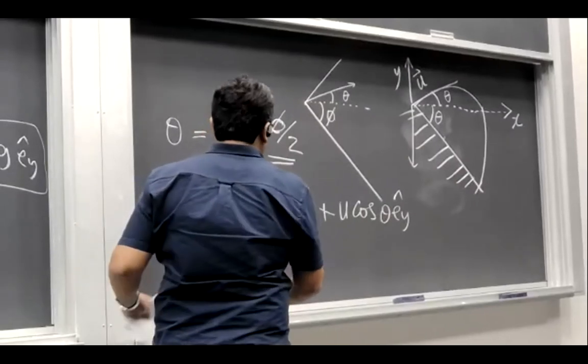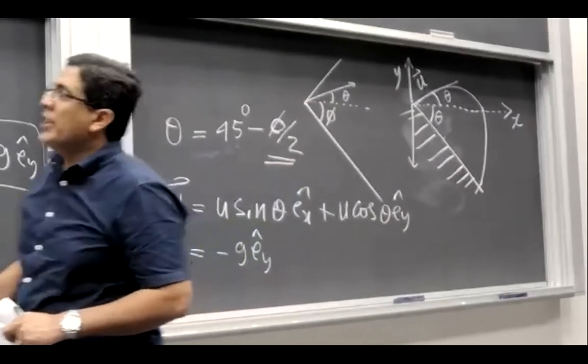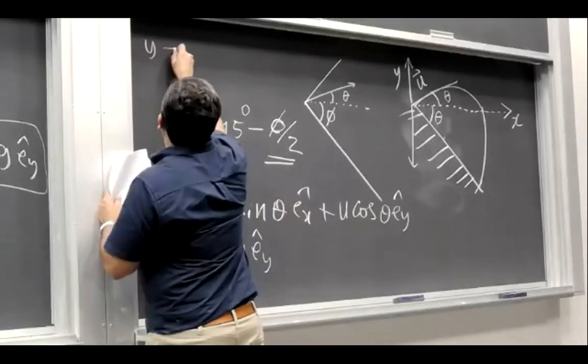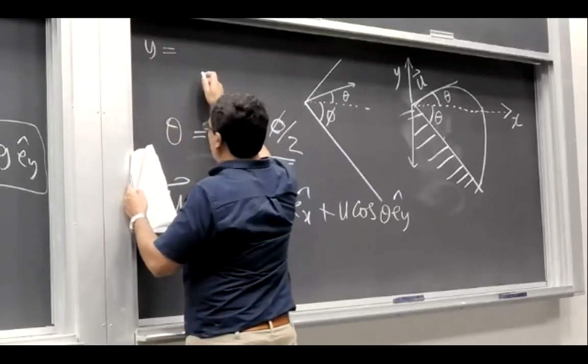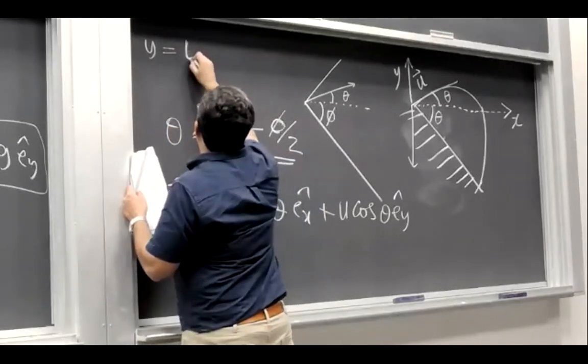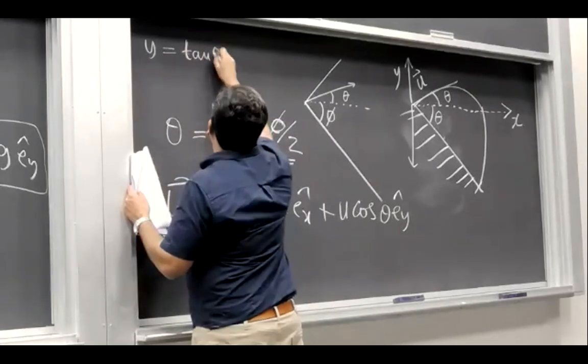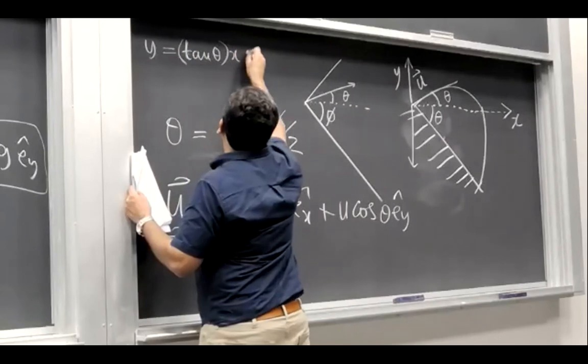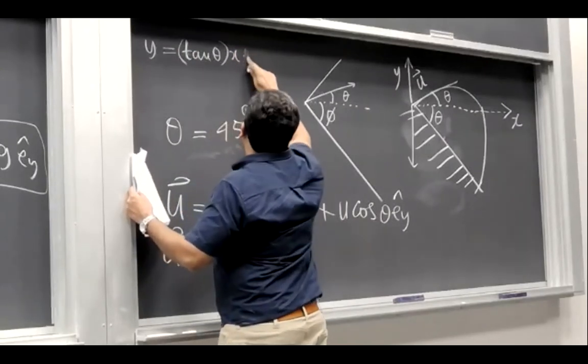The range will come this way, see. The equation of the parabola that the projectile follows is y equals tan theta times x minus g over 2u squared cosine squared theta times x squared.